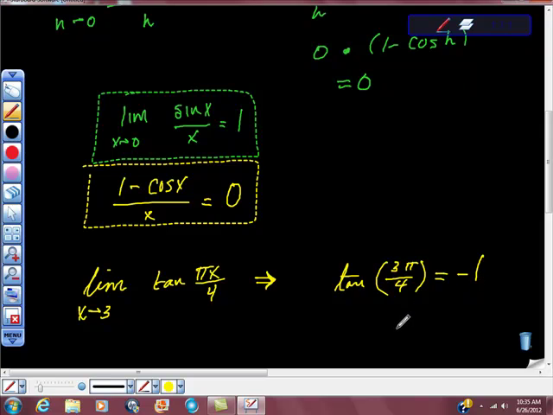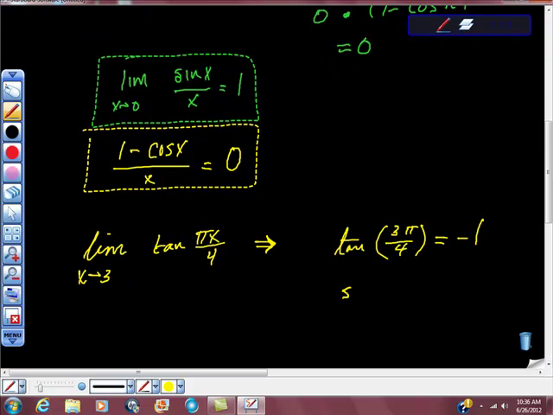Because tan is sine x over cosine x, isn't it? Which will equal, sine is square root 2 over 2, and the cosine value is the opposite, negative square root 2 over 2, and that's equal to -1, so -1.